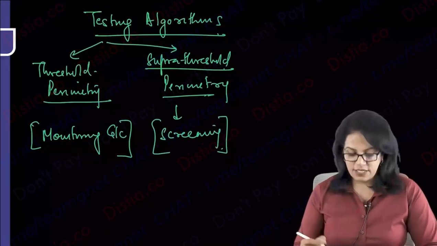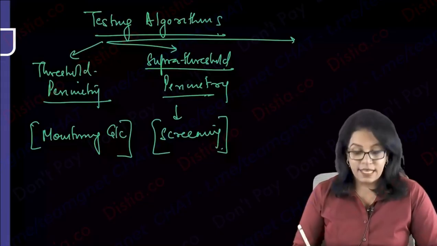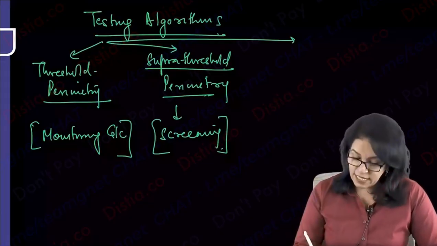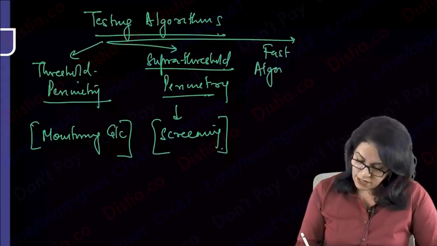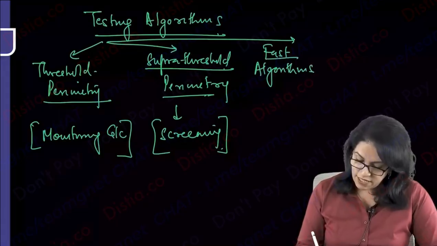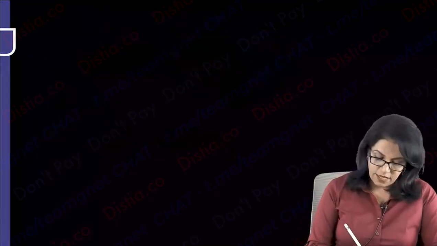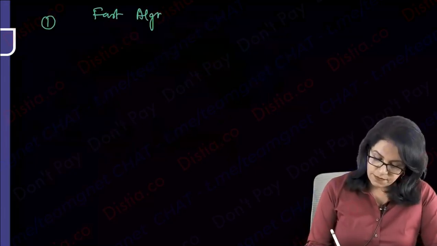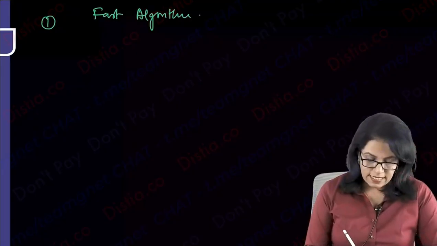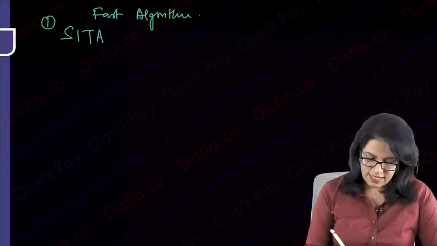And then come the faster algorithms. When time is less or attention span is less, we go for the fast algorithms, right? Fast algorithms, what are the names? Let us learn that. First, in fast algorithms, we will know SITA Standard. What is this written everywhere?